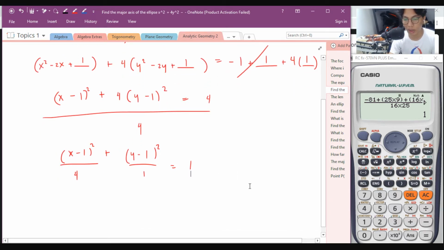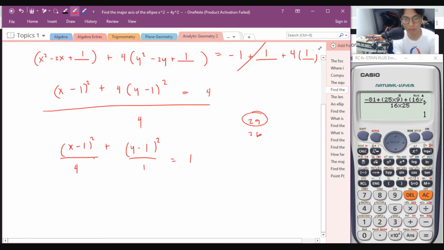What did we say earlier? The major axis is 2A, the minor axis is 2B. This is what we are looking for. Where is the A there? The equation of your ellipse here will be, what comes first? (x minus h) squared over A squared, and this will become B squared. What we are looking for is A. A squared is equal to 4. Take the square root of both sides. Therefore, A is equal to 2.